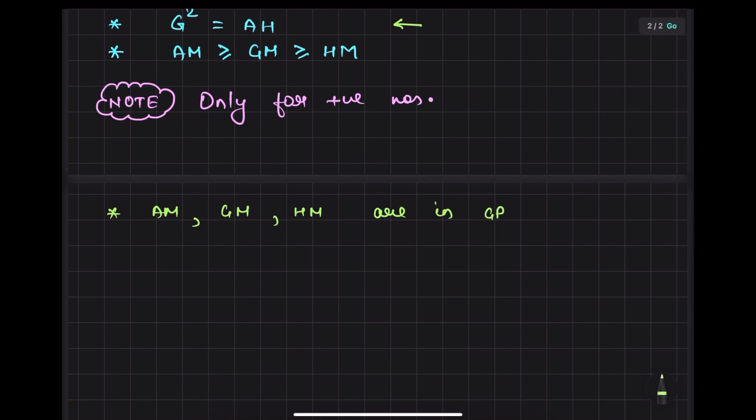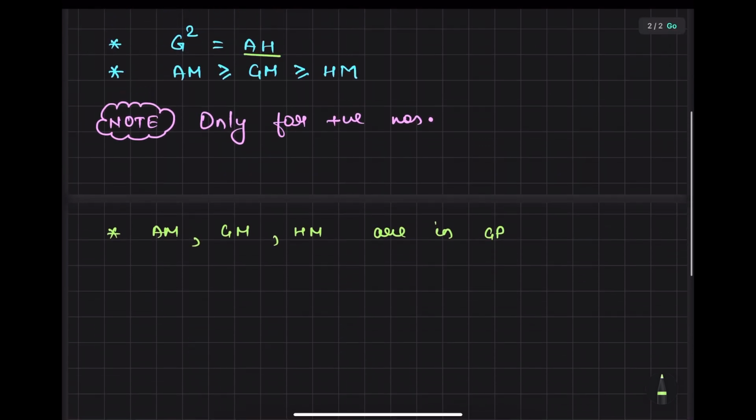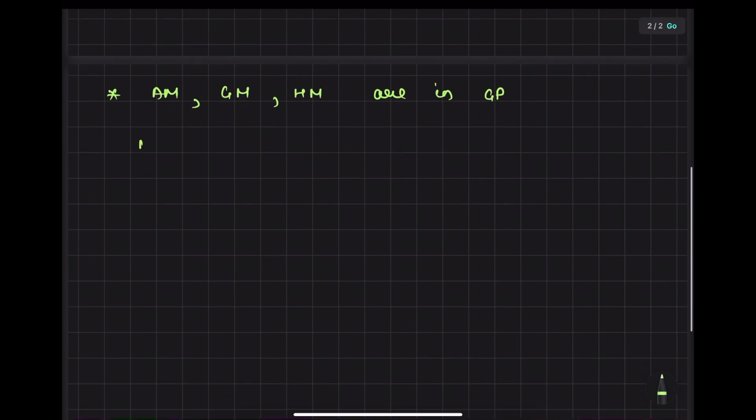So we will try to prove whether it is correct or wrong now. Just forget about everything and focus on the right hand side. On the right hand side you have arithmetic mean into harmonic mean.